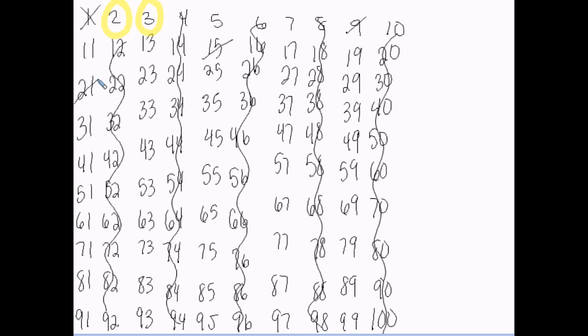So I'm just going up by 3s, right? 24, 27, 30, 33, 36, 39, 42, 45, 48, 51, 54. See 3 more numbers over? You don't even have to count. You just say, okay, here's 3 more over, here's 3 more over.